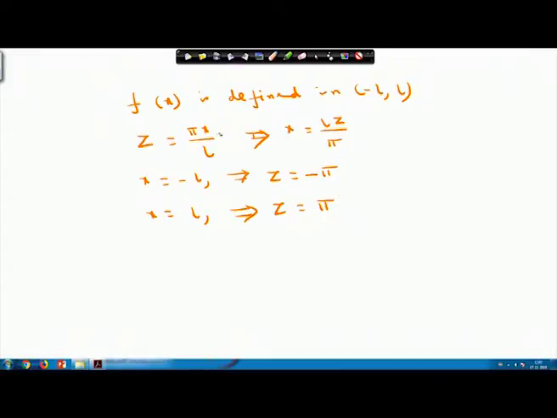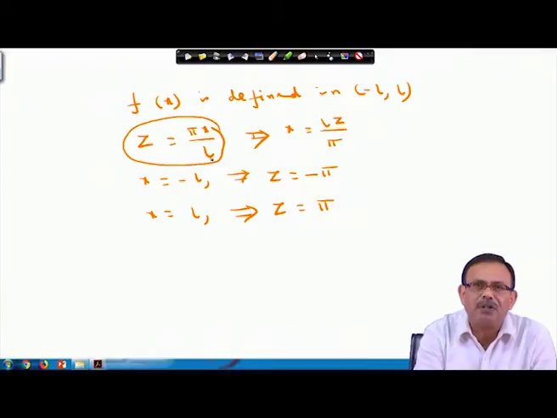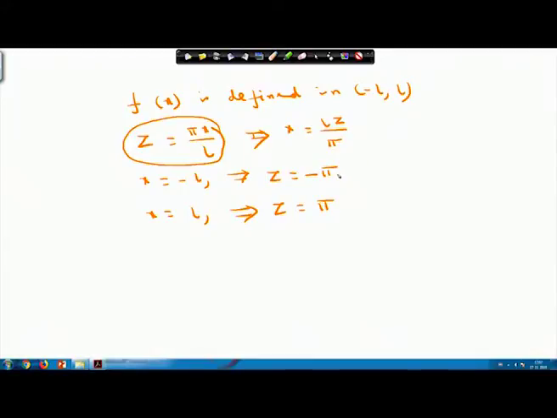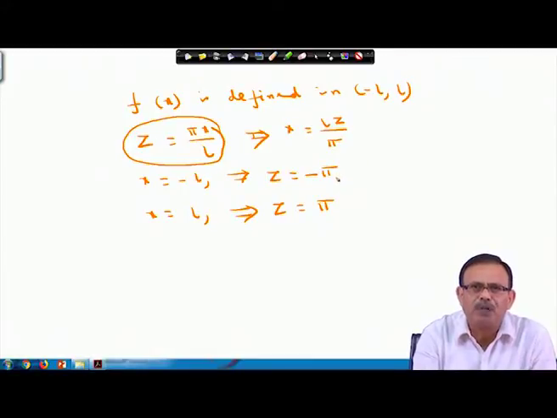So basically, what we have done is making a substitution z equals pi x by L, and by this substitution we are changing the range of the function from minus L to L into minus pi to pi. Whenever I am substituting this z equals pi x by L, the limits also change from minus pi to pi, and I know the formulas for minus pi to pi already.